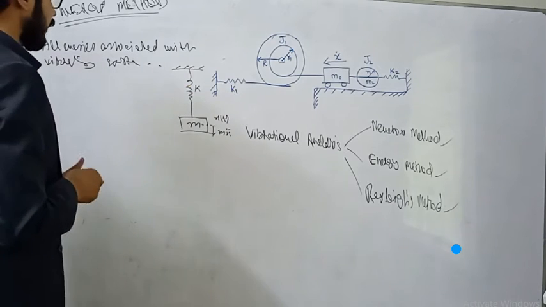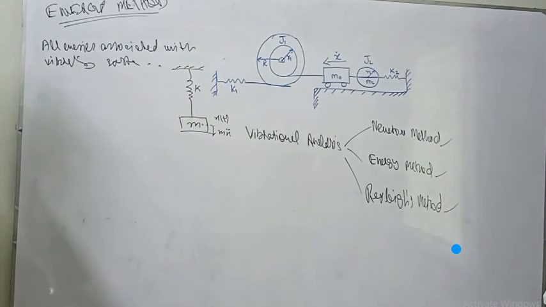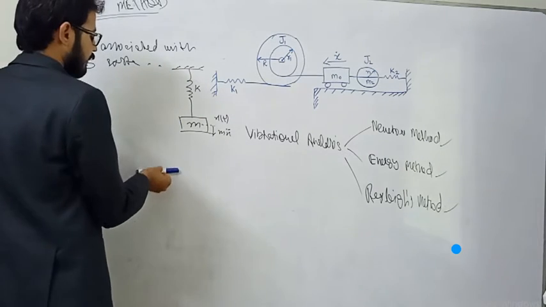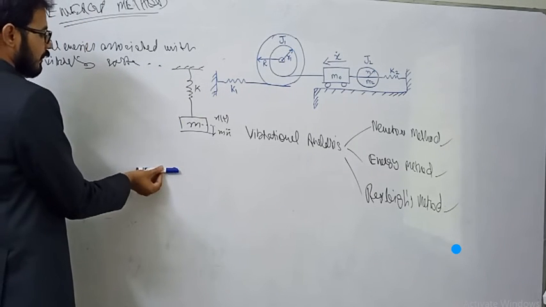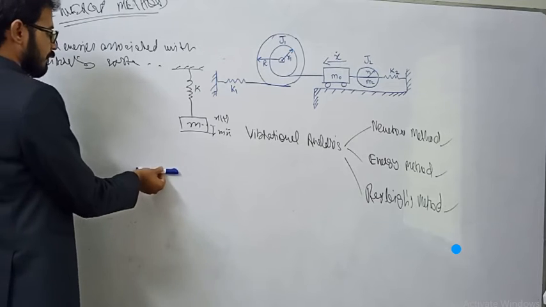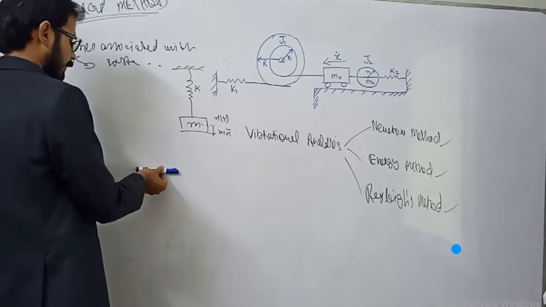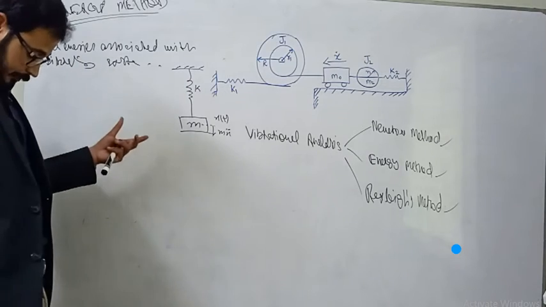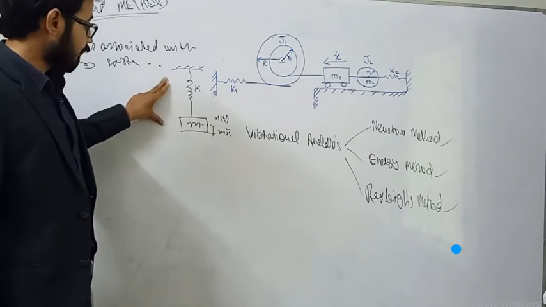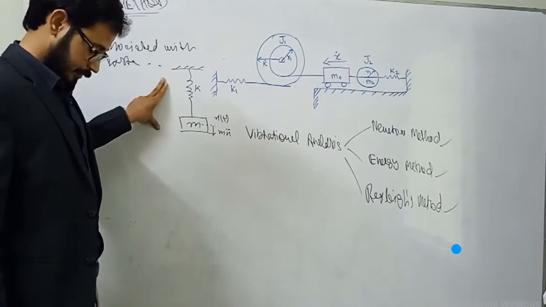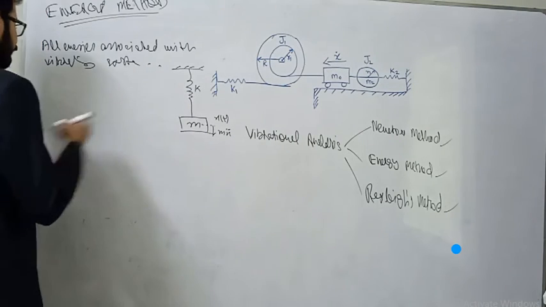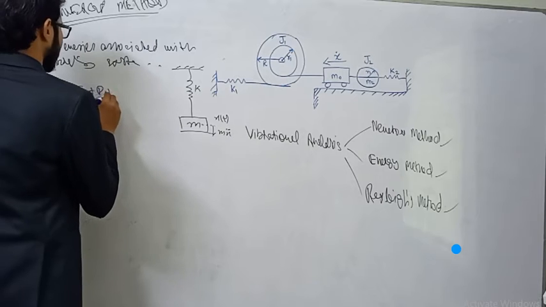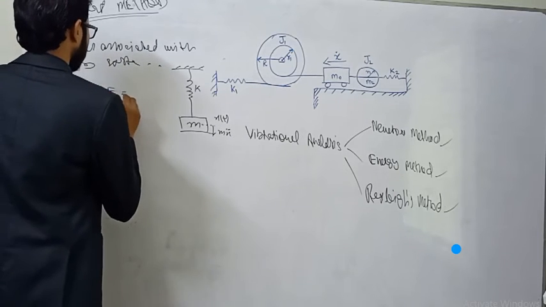Because we know that when the mass is in the mean position, kinetic energy will be maximum and potential energy will be 0, and when this mass is at this state, at the maximum, the maximum potential energy will be stored within the spring, so potential energy will be maximum and kinetic energy will be 0. Then all the possible energies associated with this vibrating system, that is kinetic energy and potential energy, the sum will be constant.